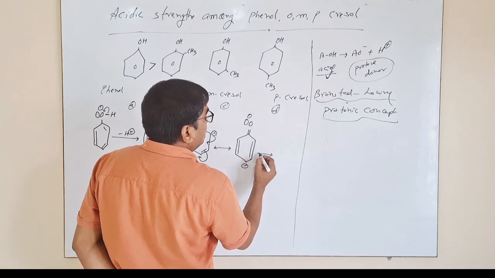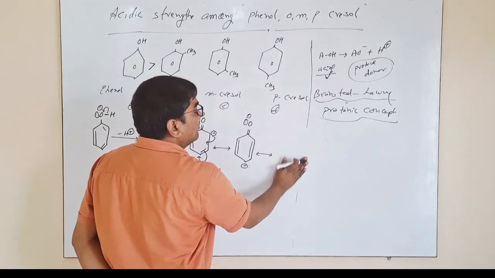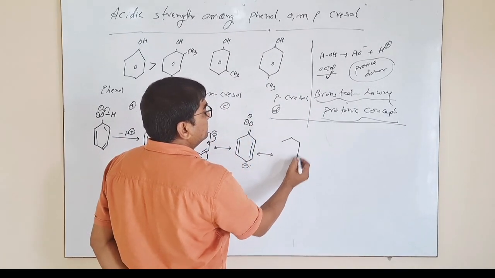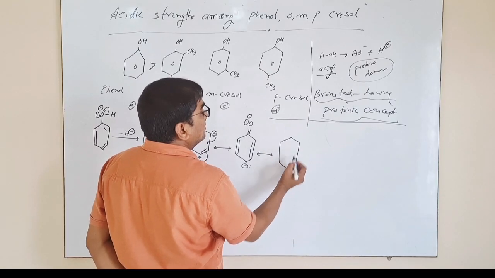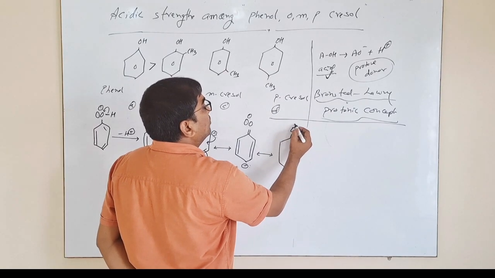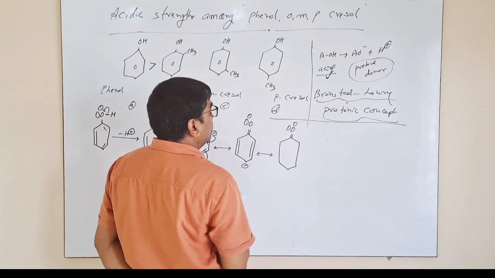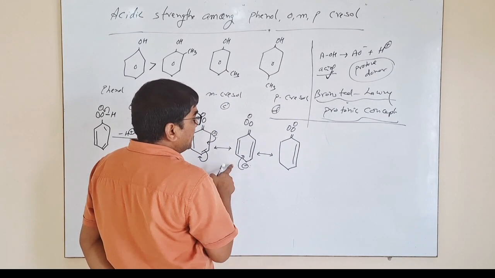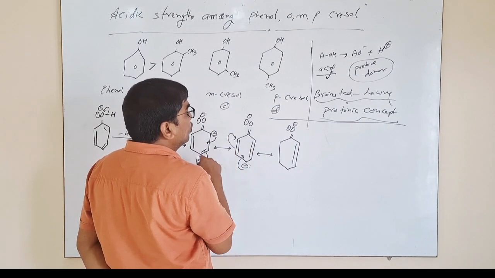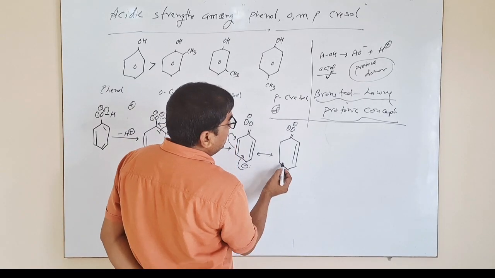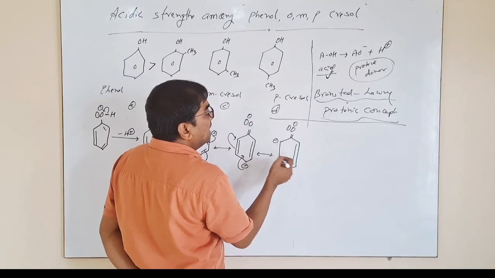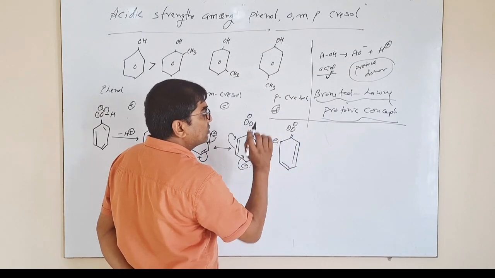Again, the next resonating structure is formed: benzene ring with double bond O, the pi bond becomes a lone pair with the negative charge at the other ortho position.